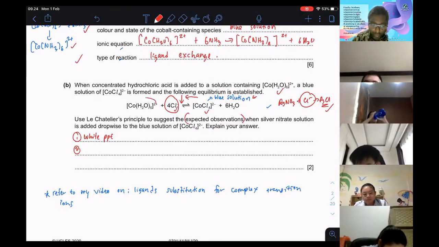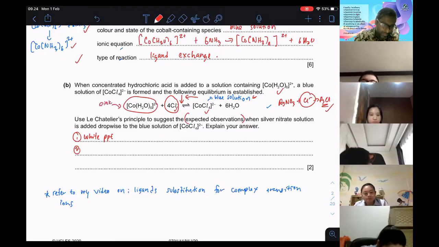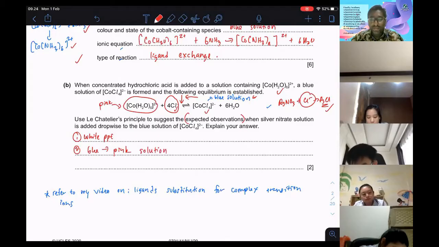You are going to form more of this, and this color I mentioned earlier. Cobalt in this form always exists as a pink solution. So you are going to get the solution to become more pink. You can actually say the solution changes from blue to pink.